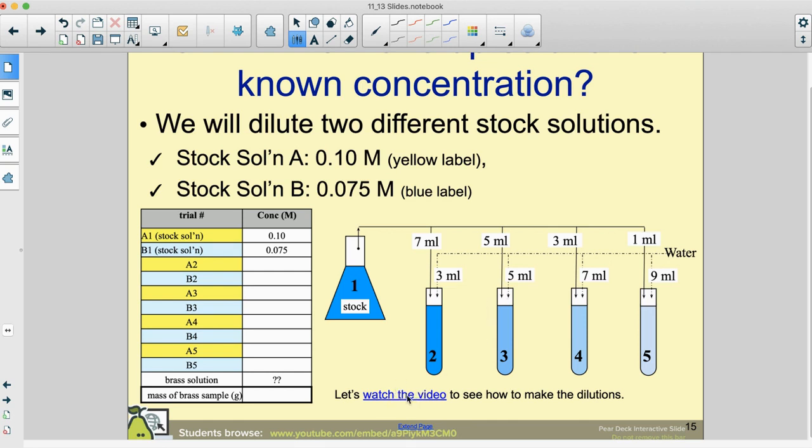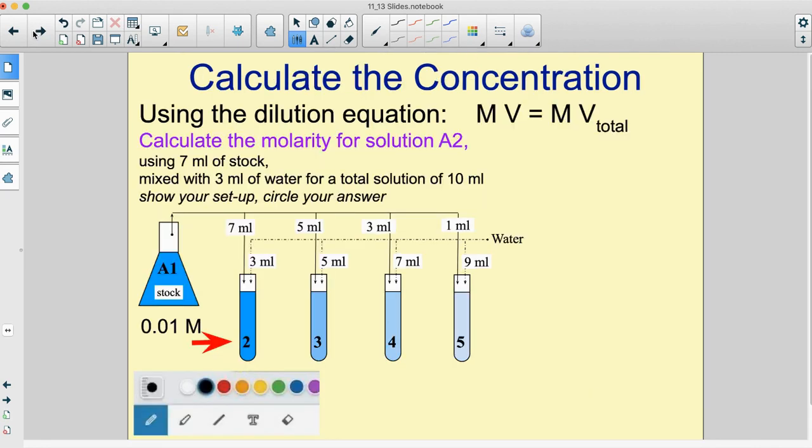And you can watch this video again if you still need some extra help figuring out the concentration and how to do the dilutions. So here for an example problem, if we have a stock solution of 0.01 molar, that's our M1 here. Our V1, our stock solution right here, is 7 milliliters. So that will equal our M2, which is our unknown.